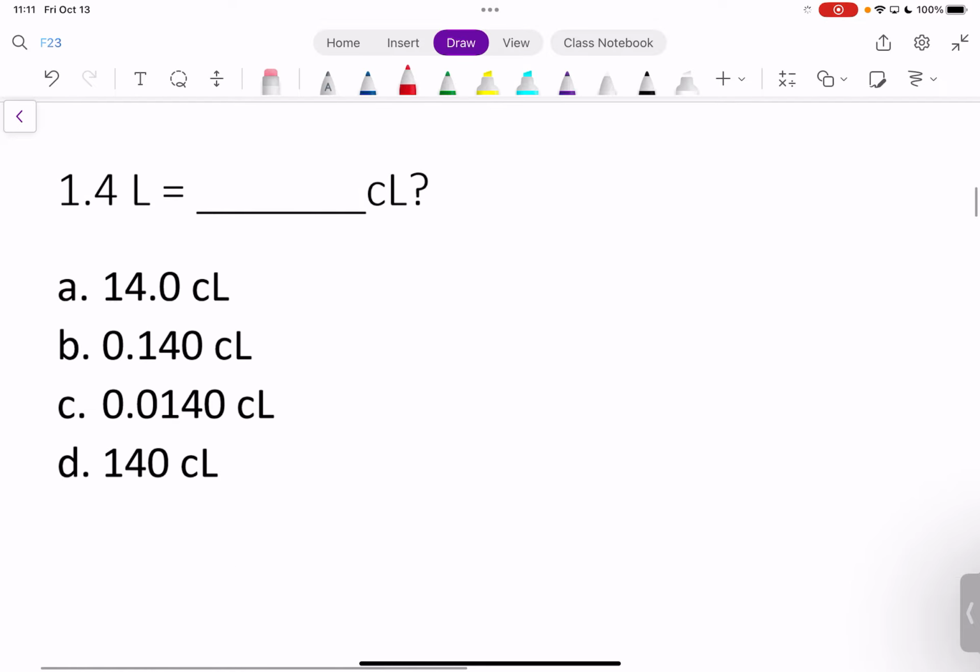All right, then we talked about unit conversions in chapter 2. So this says convert 1.4 liters to how many centiliters?